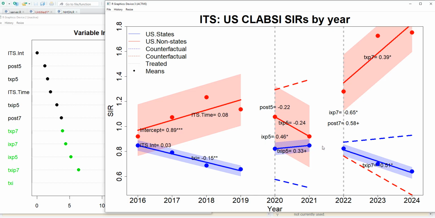So we could have expected a different trend for the intervention group, and instead they're only being a few points lower in comparison to what happened for our non-US states, that would suggest that there was an improvement for our intervention group.